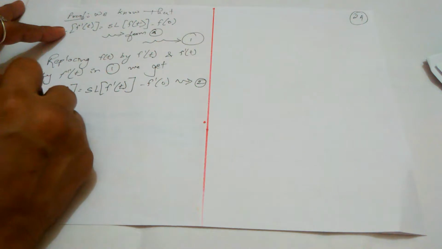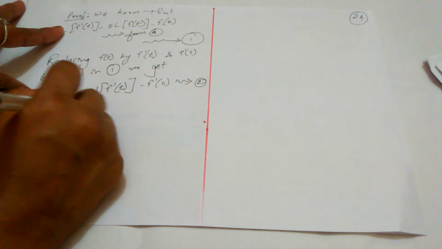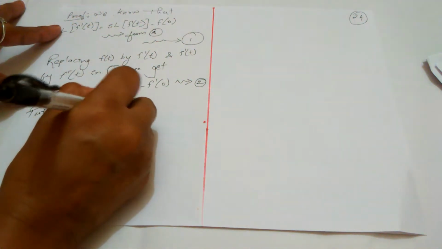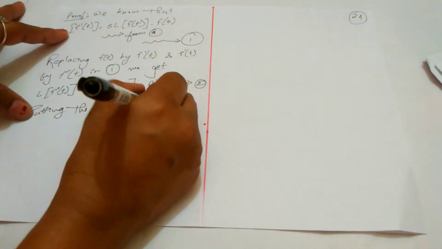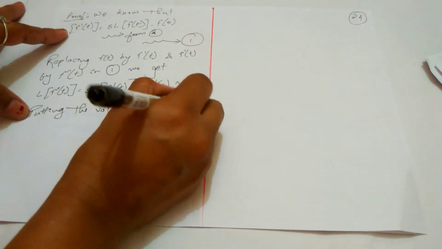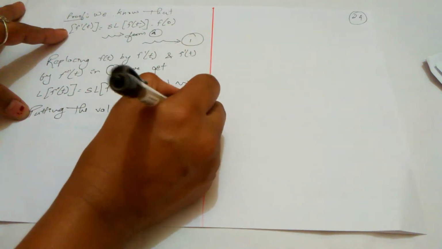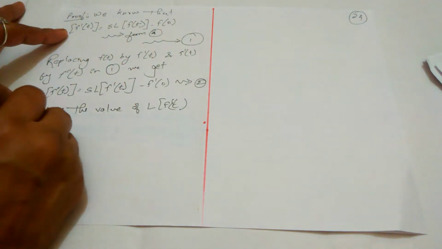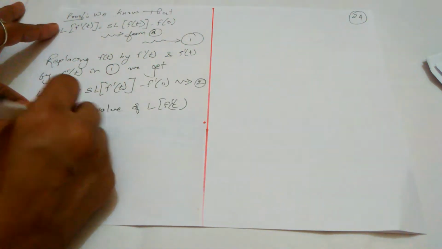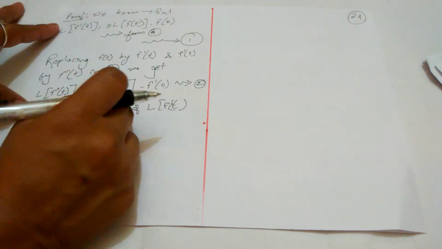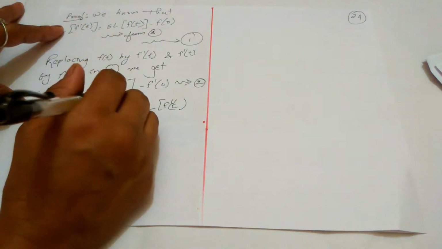Now putting the value of L of f dash of t from 1, this value I will put in this equation.